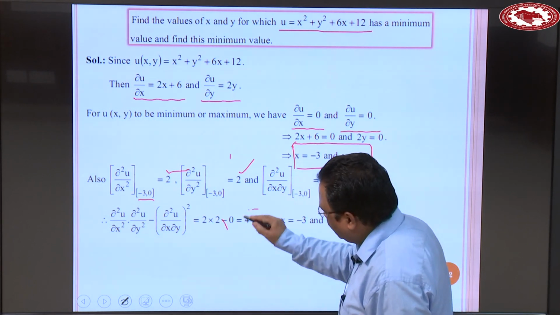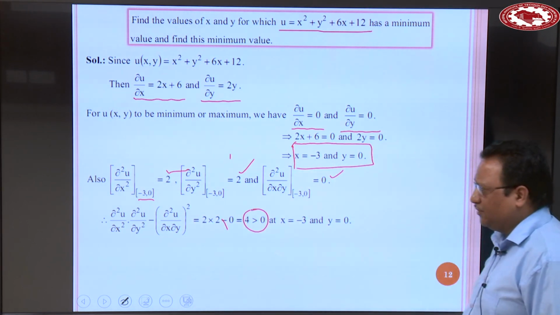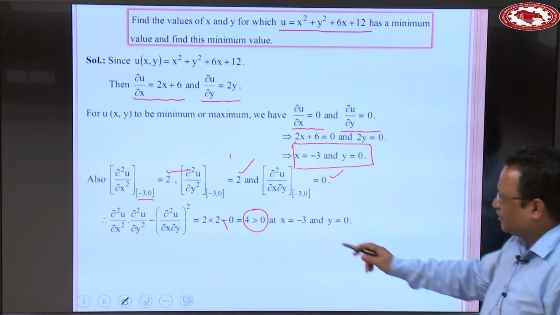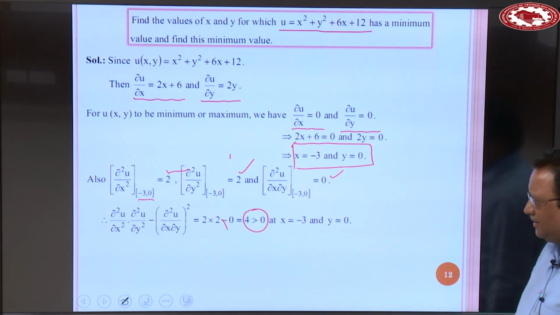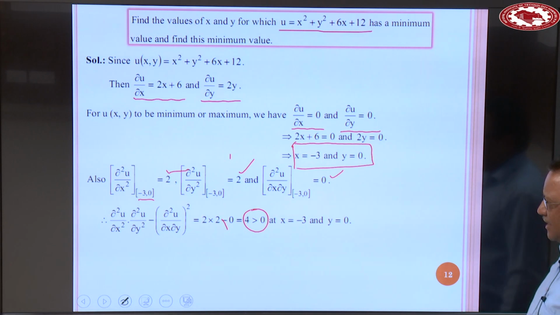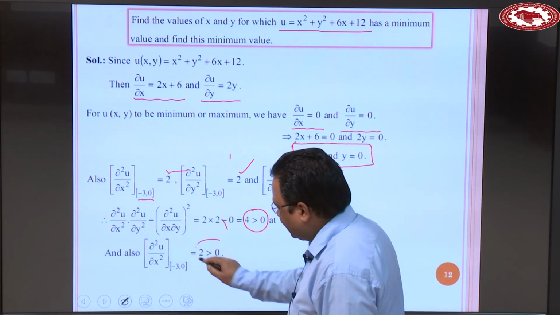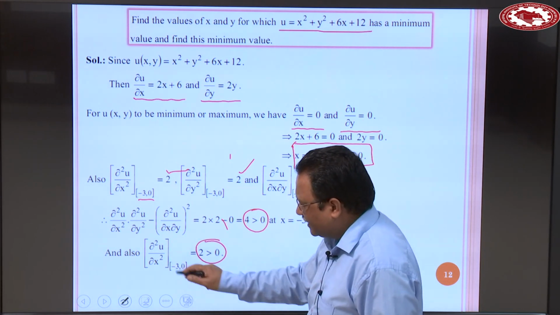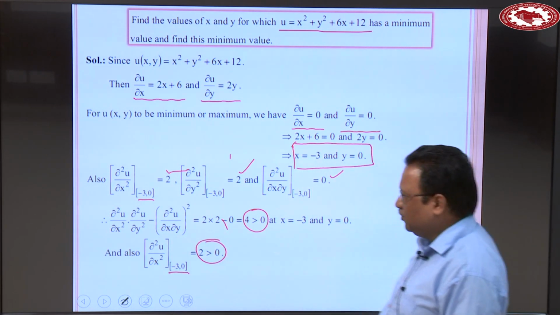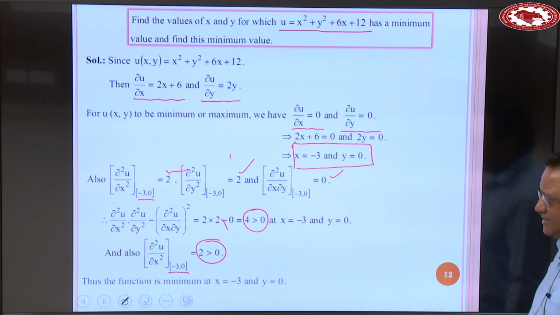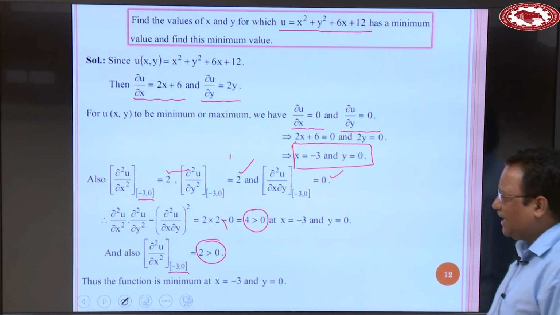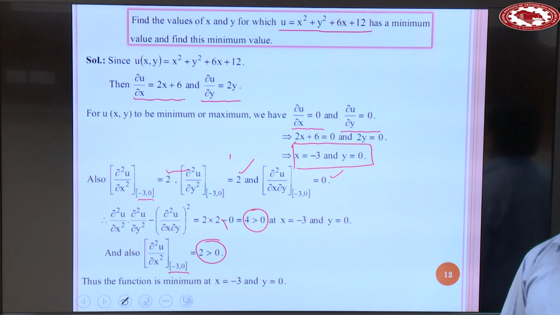When you calculate, we get 4, which is greater than 0 at x equal to minus 3 and y equal to 0. This means we have maxima or minima, but r is greater than 0. R means ∂²u/∂x² at this point is 2, which is greater than 0. This means the function is minimum at x equal to minus 3 and y equal to 0.